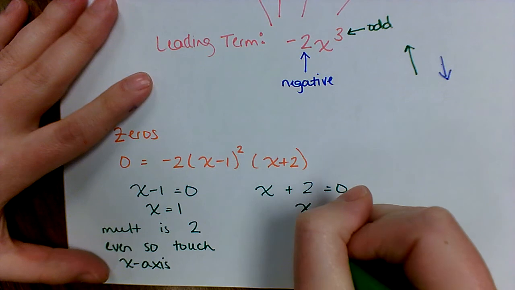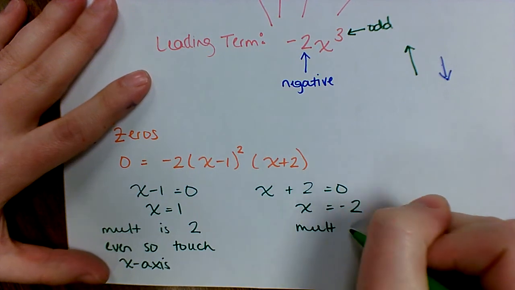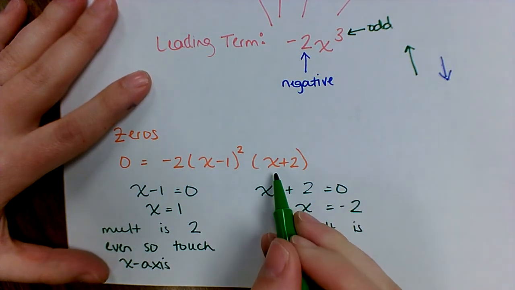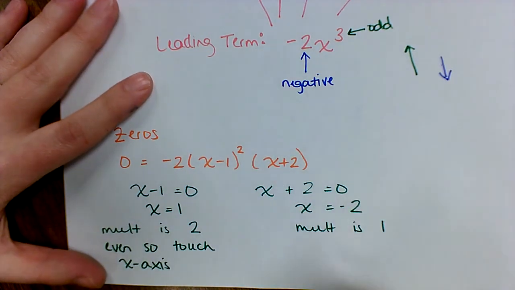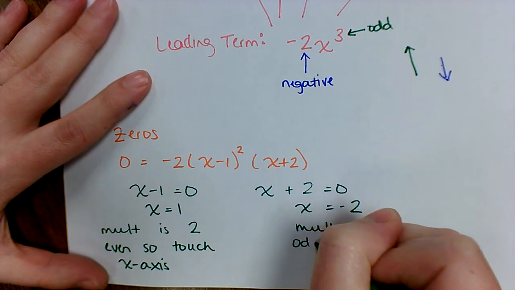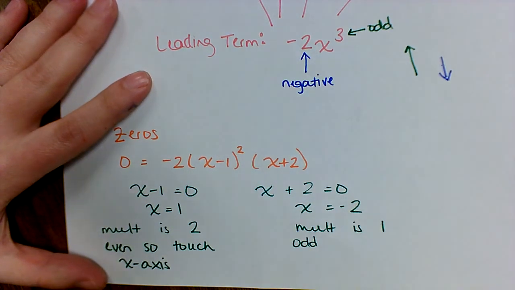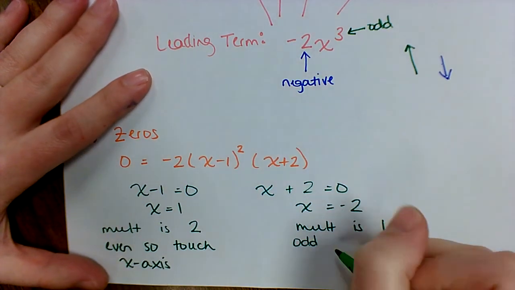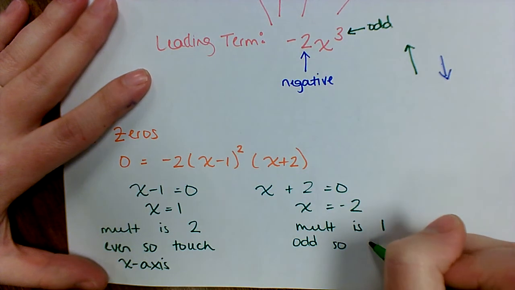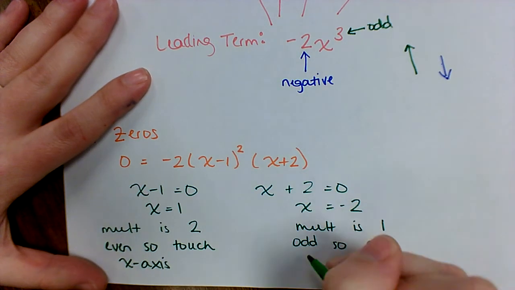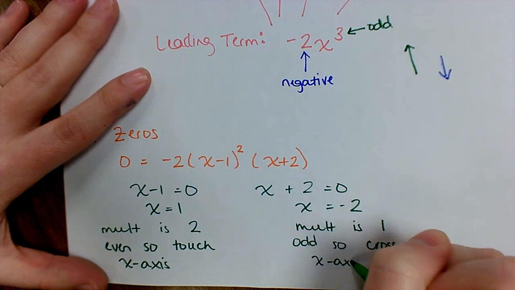What's its multiplicity? Well, there's only one, so its multiplicity is 1, which is odd. And odd means it crosses my x-axis.